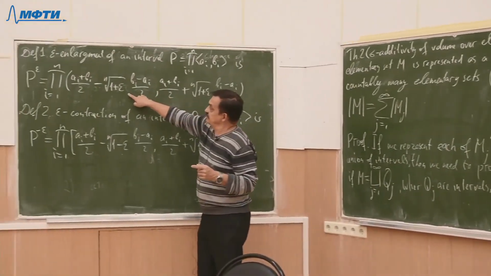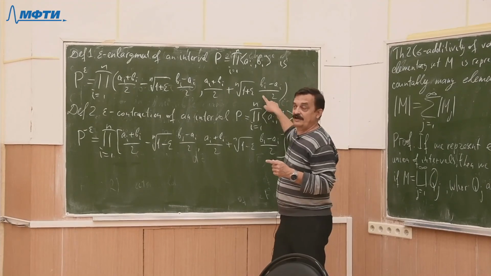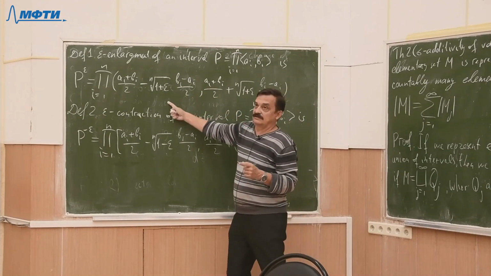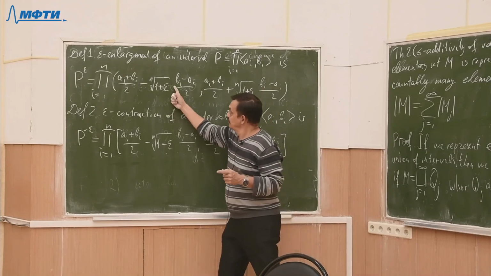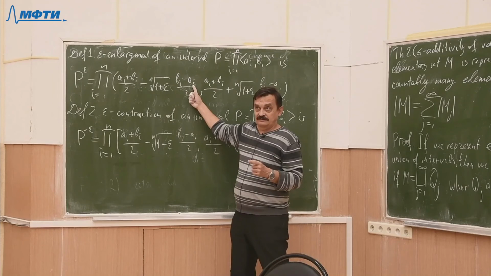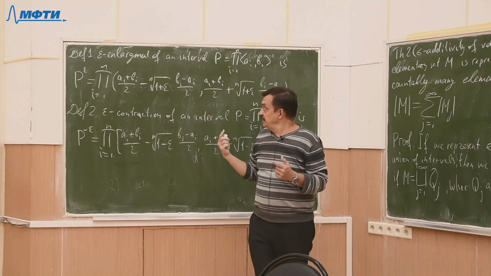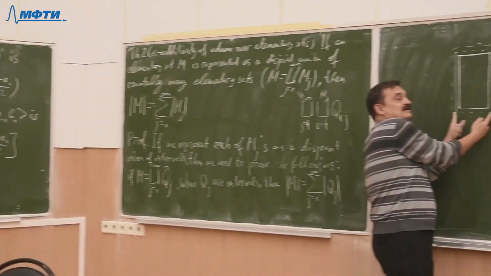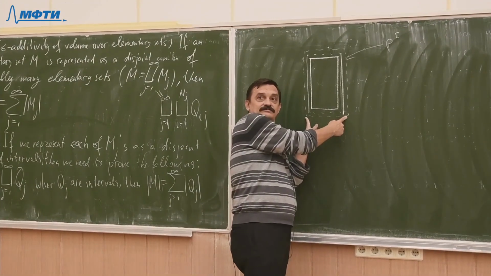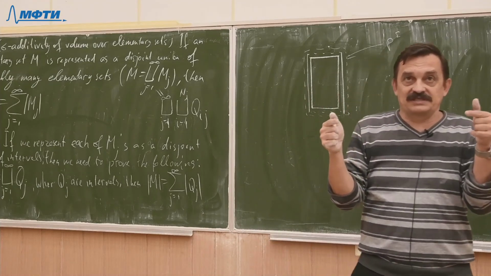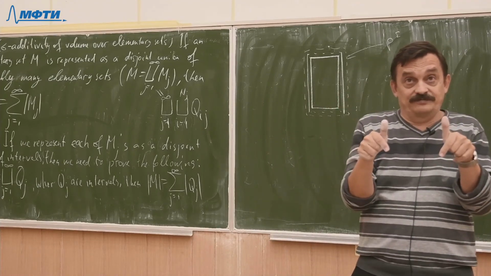The length of this interval you multiply by the nth root factor, and you obtain the nth root times (bi minus ai). So for epsilon enlargement, the length will be slightly larger, and for epsilon contraction, the length will be slightly smaller.